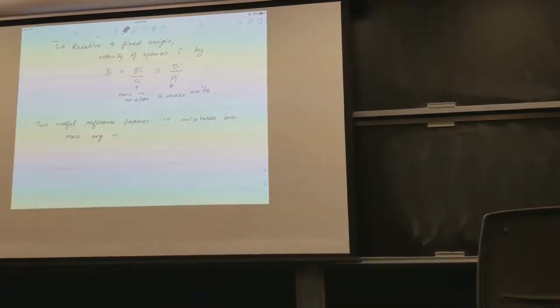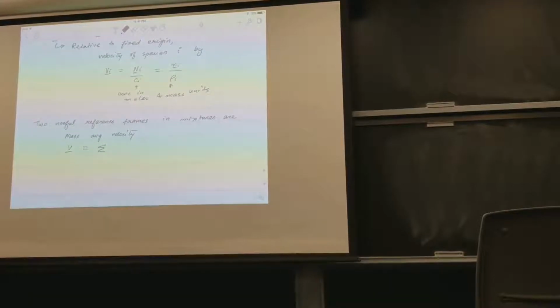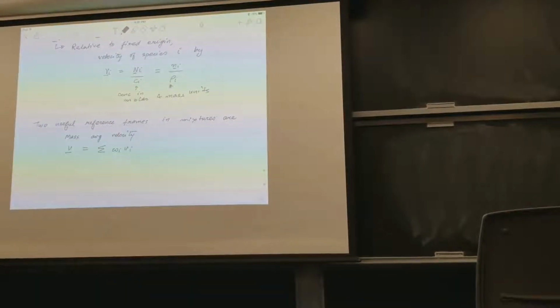Mass average velocity, which is v, obtained from averaging over all individual vi, and then there's the molar average velocity, and whenever we write anything defined with respect to molar average velocity, we are going to use subscript m.